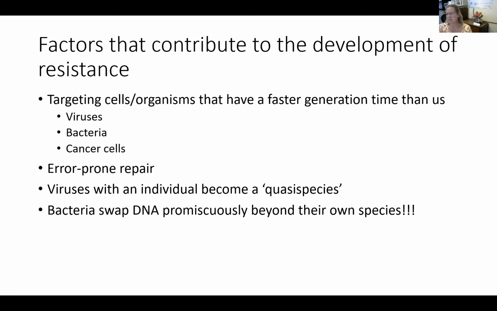So let's assume, for instance, in your gut, you have 500 species of bacteria. And one of those bacteria has come up with a variation that is resistant to a drug. And you're treated with that drug.